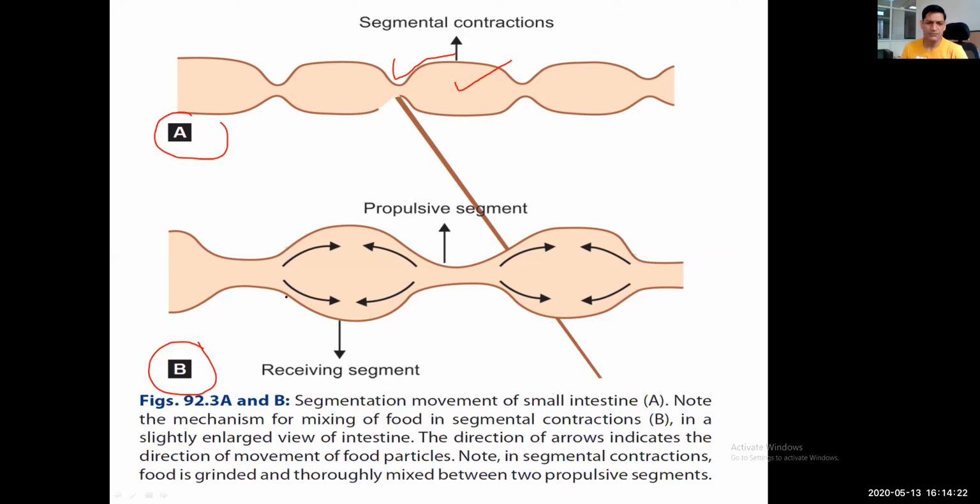In the receiving segment, there is an arrow showing the direction of the food towards the receiving segment, while the propulsive segment shows the tonic contraction of the small intestine. So with the help of the propulsive and receiving segments, the tonic contractions occur in segmentation.